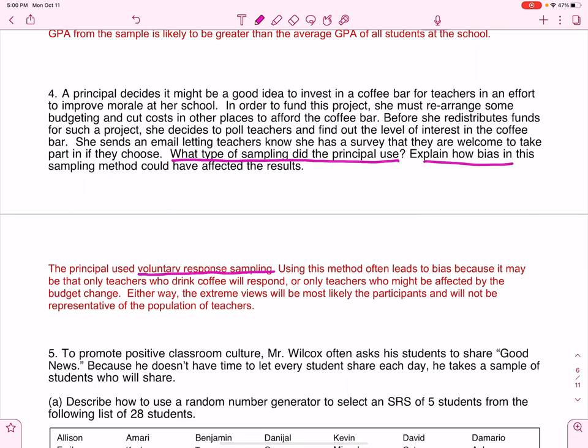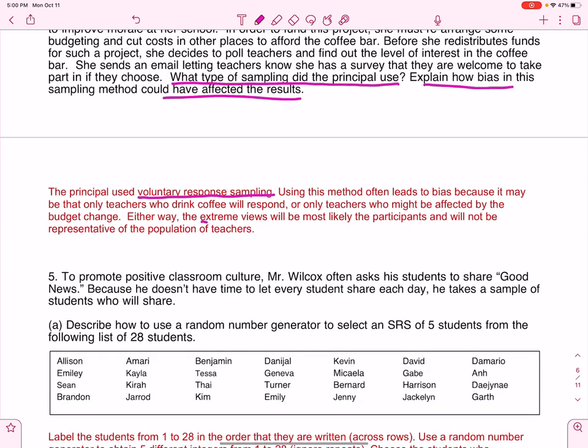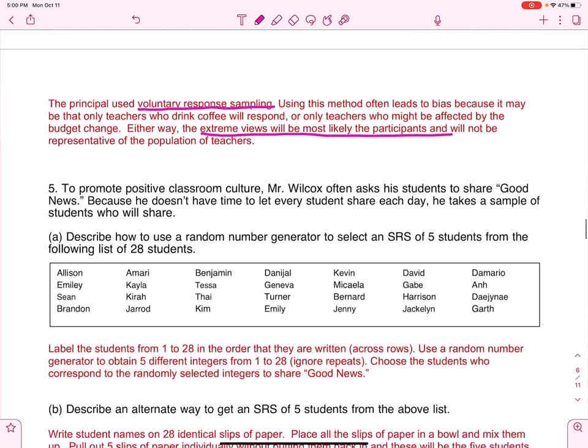In explaining how bias would affect the results, keep in mind that if I'm just calling for volunteers to respond, I'm going to get people who feel strongly one way or the other. I'm going to hear from the teachers who absolutely hate the idea of the coffee bar and people who absolutely love it. Extreme views will be most likely to participate, and that's not representative of the population.